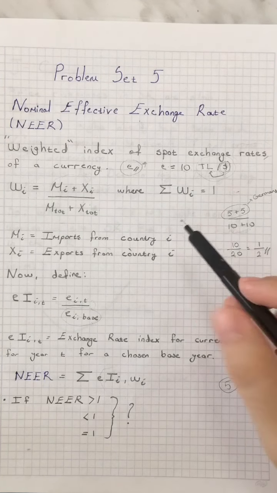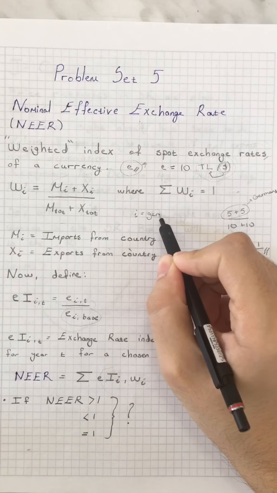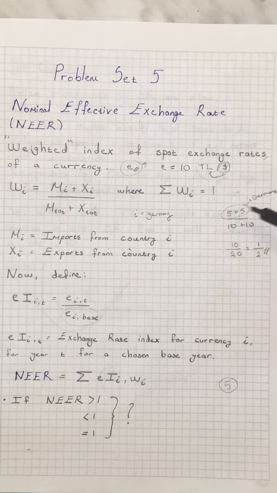Let's say that i is Germany. We want to know how much we export to Germany and how much we import from Germany. Let's say this is 5 and 5. If we sum these up, that's 10. So 10 divided by 20, Germany's weight in our nominal effective exchange rate is 1/2.